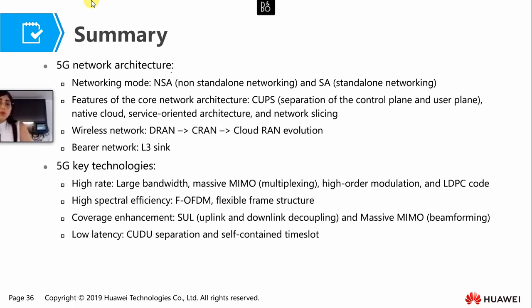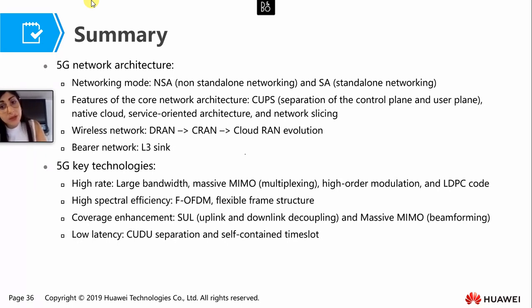So we can move our user plane function closer to the access network, and this allows us to reduce the latency and also, in some cases, to improve the security. So this is for the core network.